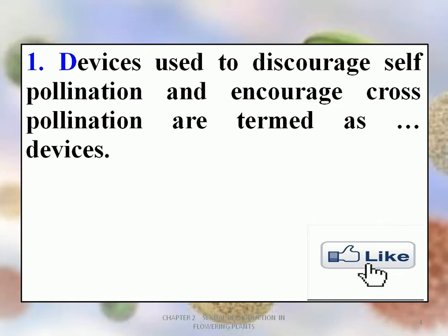Let's move to the first MCQ, and it is: devices used to discourage self-pollination and encourage cross-pollination are termed as dash devices.